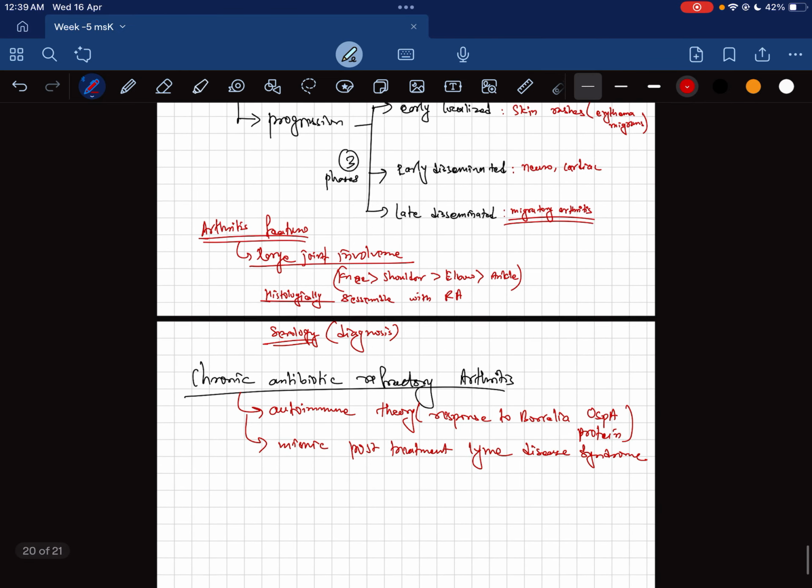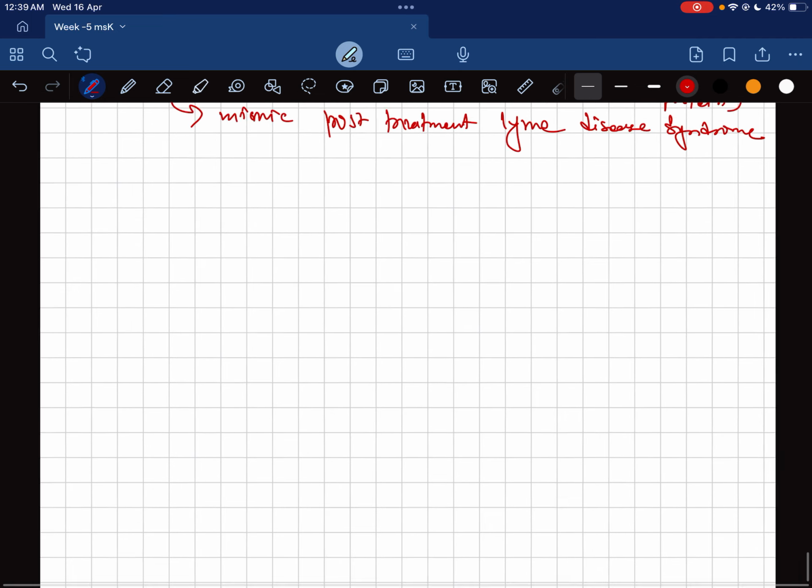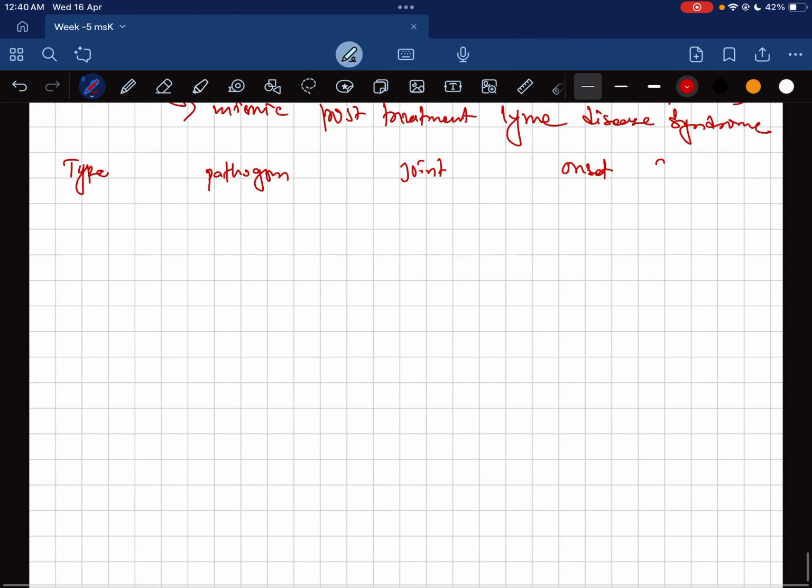So when we look at the comparative chart regarding these infective arthritis types, there are type, pathogen, involvement of joints, onset, and special features.